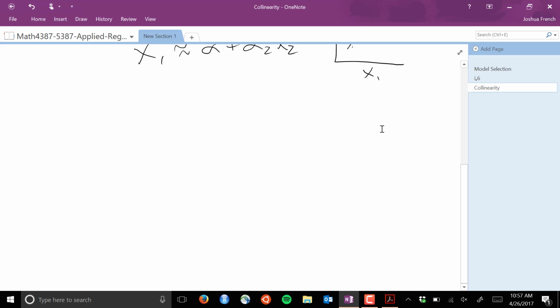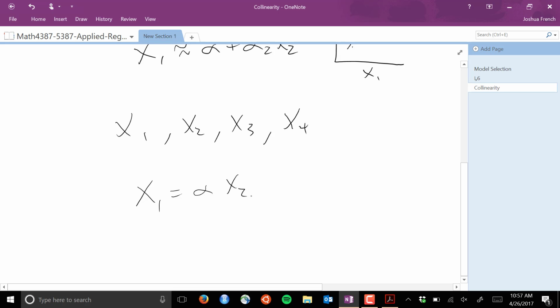So if we have multiple regressors, let's say x1, x2, x3, and x4, though of course we can extend this to more regressors if we want. If there's a problem with collinearity among our regressors, then for example, we might have a situation where x1 equals alpha. Actually, I should use the same notation as before.